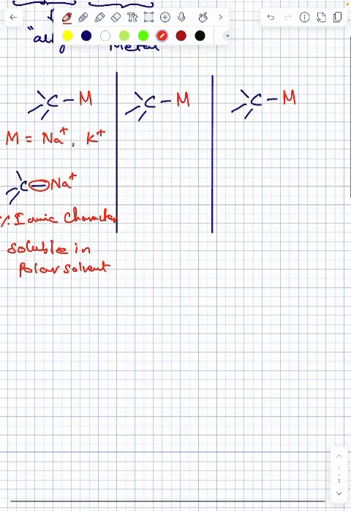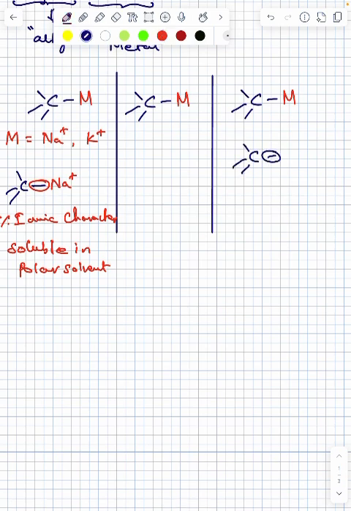Similarly, in the second category, here I take the alkyl group attached with a metal like tin or lead or thallium, and so on. So now what will happen? The percentage of ionic character somewhat decreases.